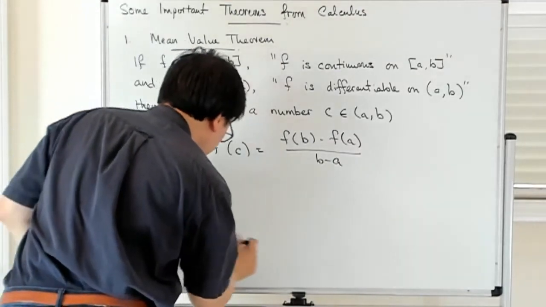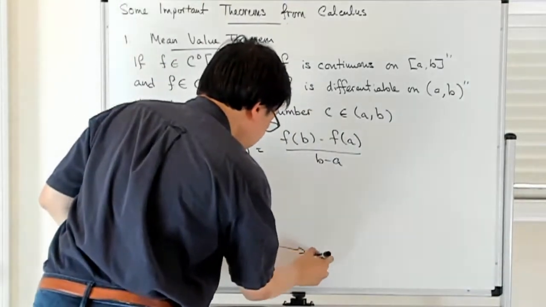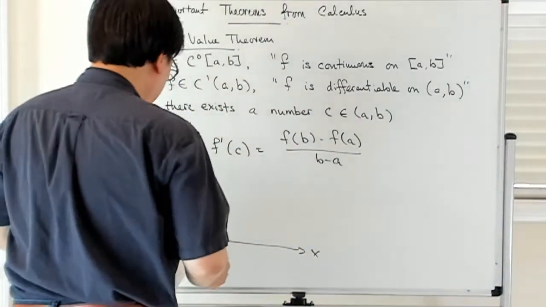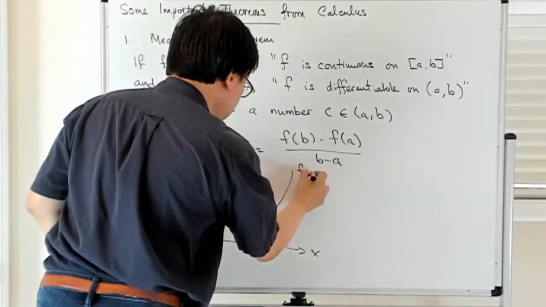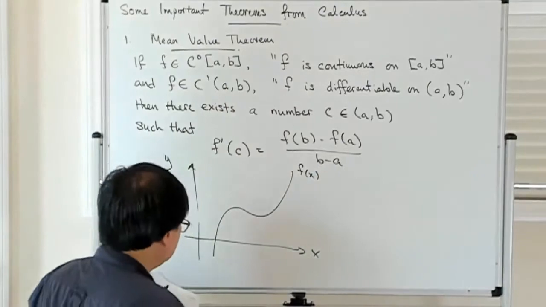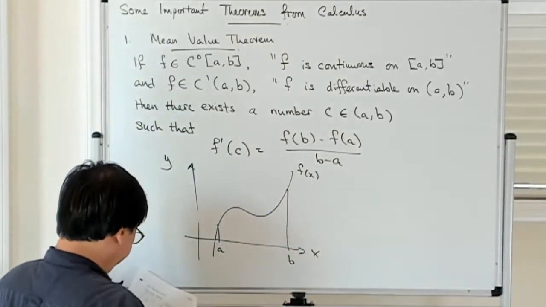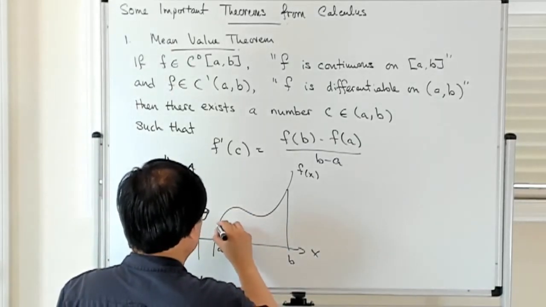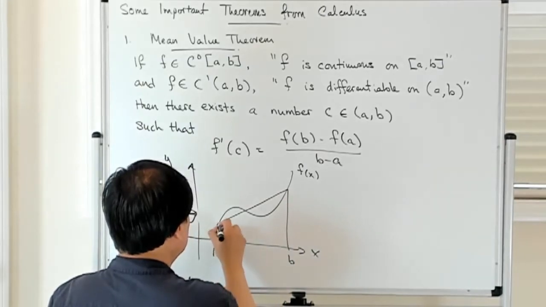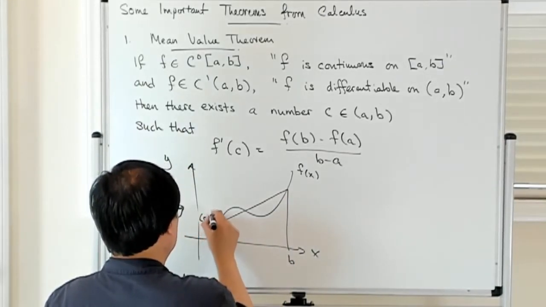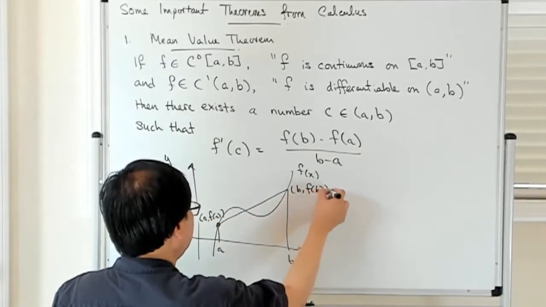So let's try to visualize this. If you have the x and y plane, and you have some function f here, and some points a and b, then there's a line which joins the point (a, f of a) with the point (b, f of b).